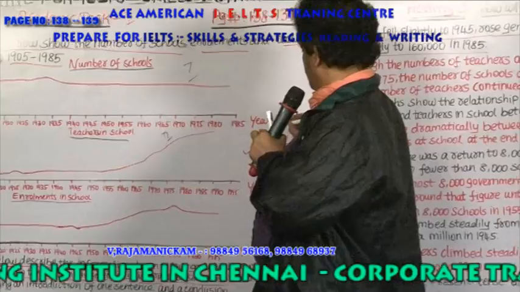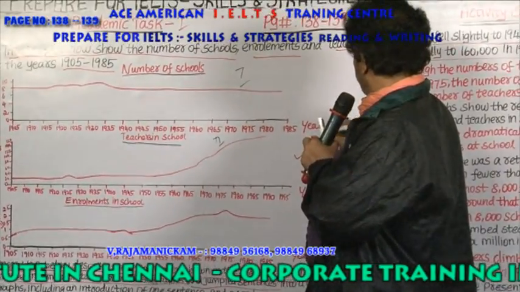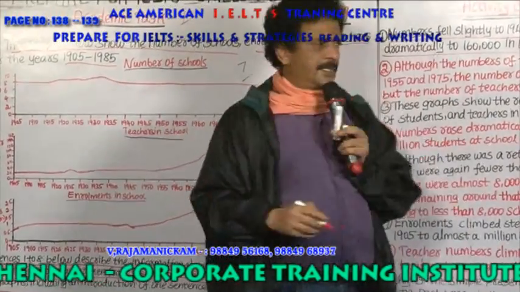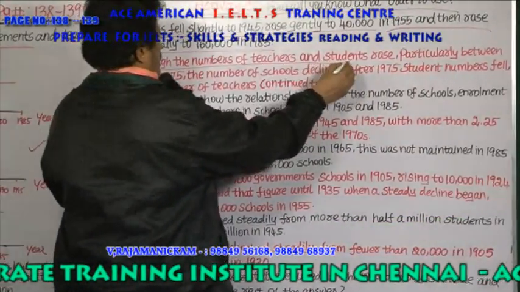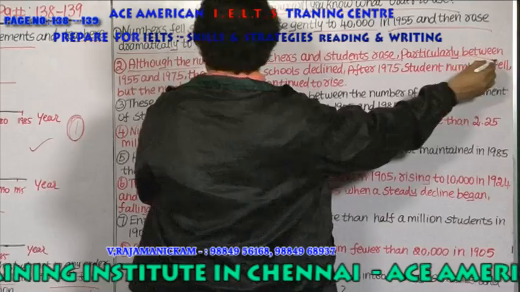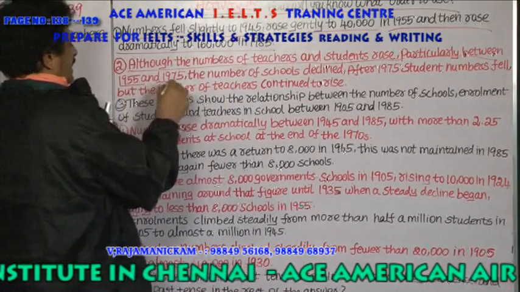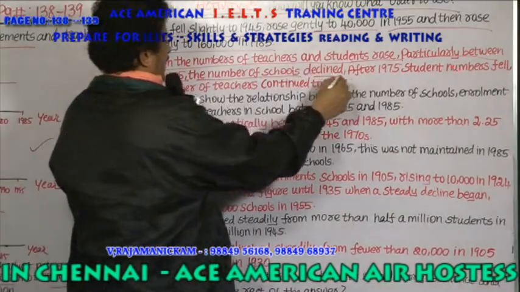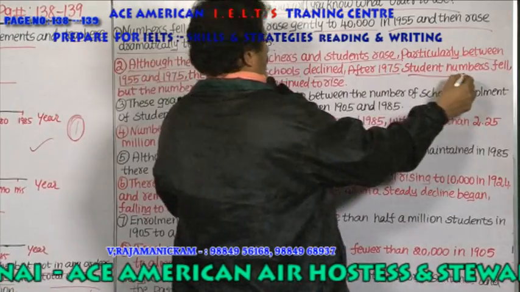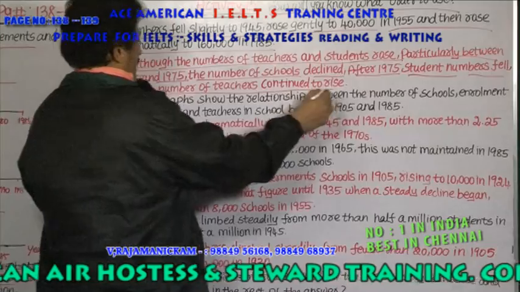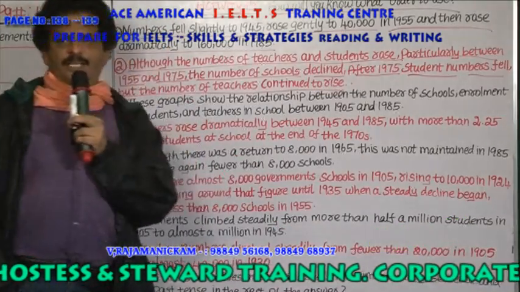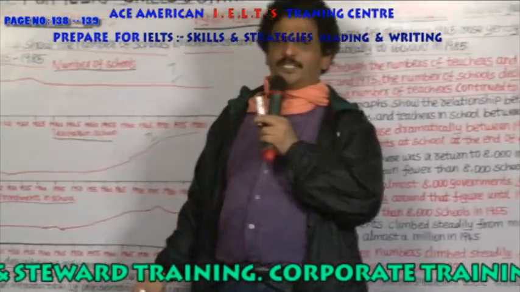Then the second point: although the numbers of teachers and students rose, particularly between 1955 and 1975, the number of schools declined after 1975. Student numbers fell, but the numbers of teachers continued to rise. This shows all three mixed together, so definitely it should be in the introduction.